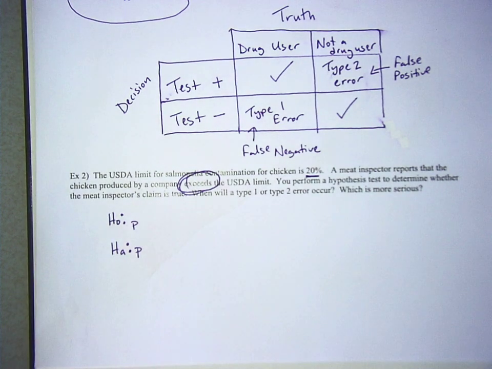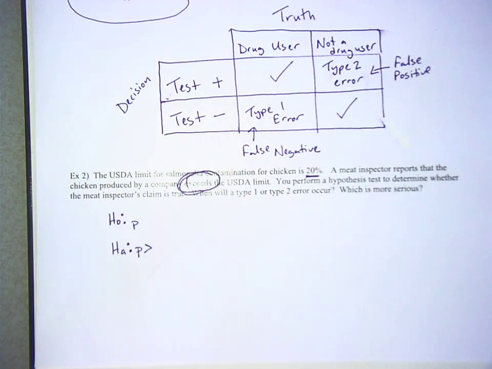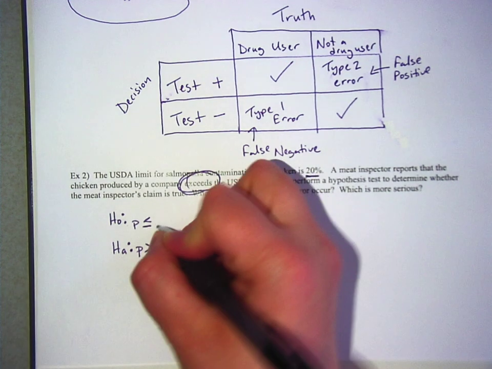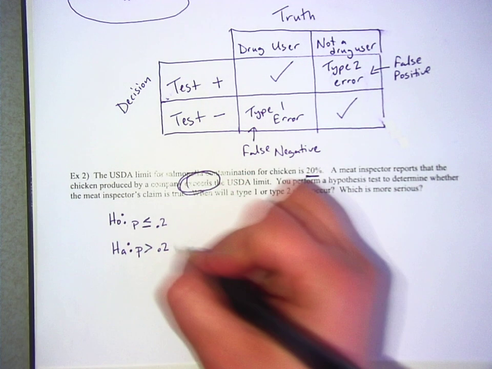What would exceeds be? It's not on the list. So, reiterate it, which means it goes down here. So that means this one has to be less than or equal to, and they're both 20%. And this is the claim.